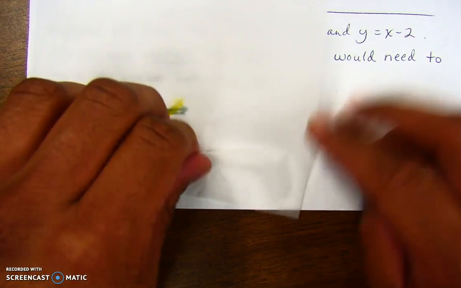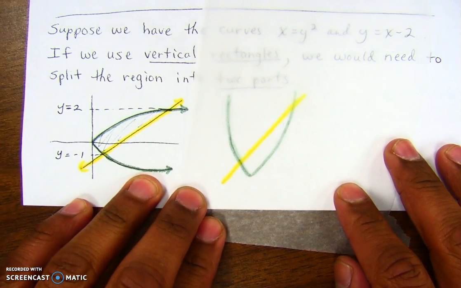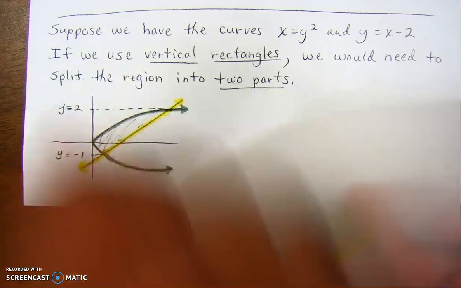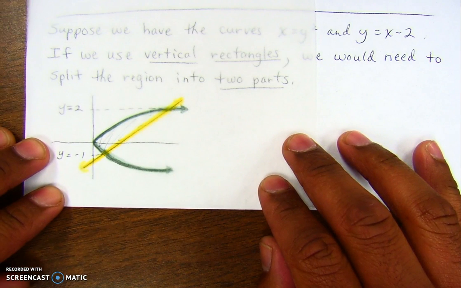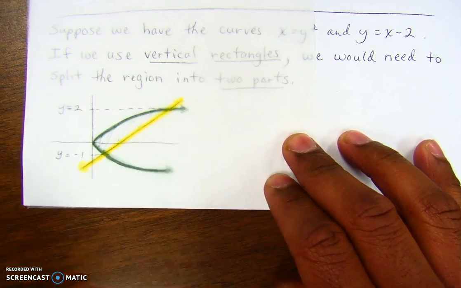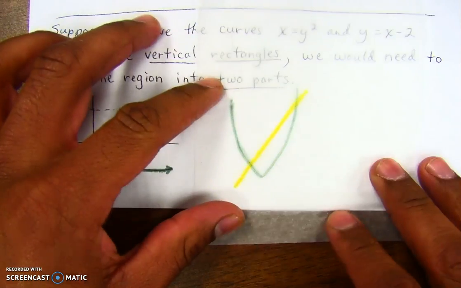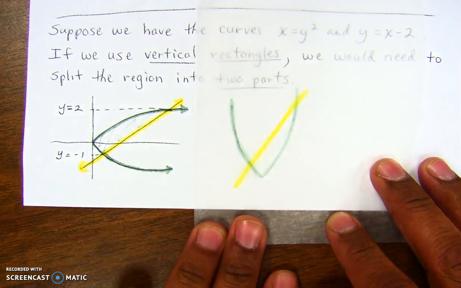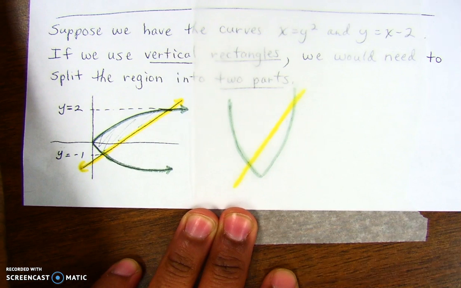And if we were to reflect this, we would have this function. So the graph that we originally have is this, and we reflect it across the line y equals x, and we now have this function. Okay? So I'm going to show you guys an easier way of doing this without having to do the reflection.